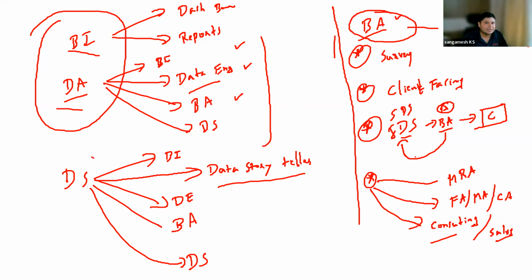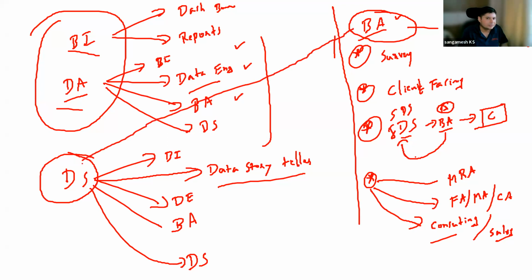But data scientist is one such role which requires a bit of experience, a bit of background as well. I have seen most of the people who have worked as a business analyst later turn out to be data scientists.